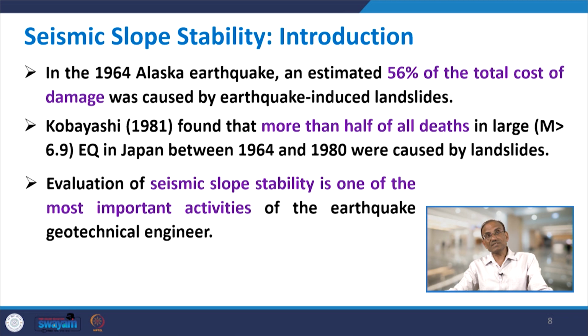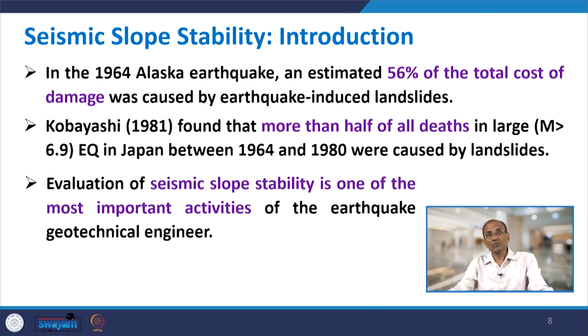In the 1964 Alaska earthquake, which was magnitude 9.2, as we discussed when we talked about liquefaction, an estimated 56% of the total cost of damage was caused by earthquake-induced landslides. So, this is the issue. If in any earthquake the landslide is not occurring, that is okay, but if the landslide is occurring, then this phenomenon itself may be responsible for most of the damage, sometimes 90% of the total damage.